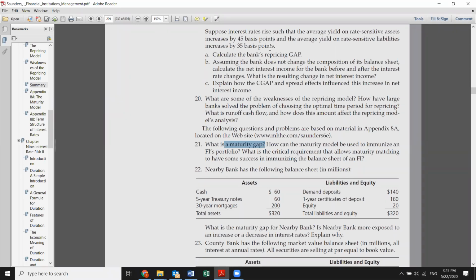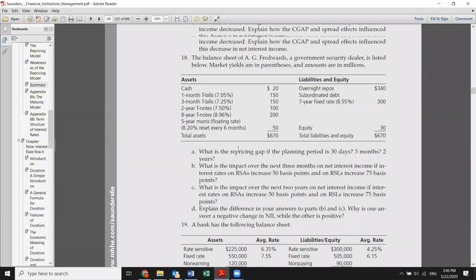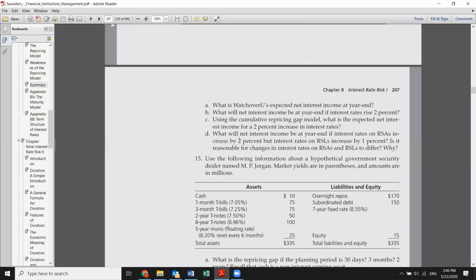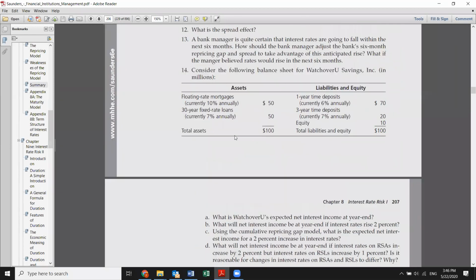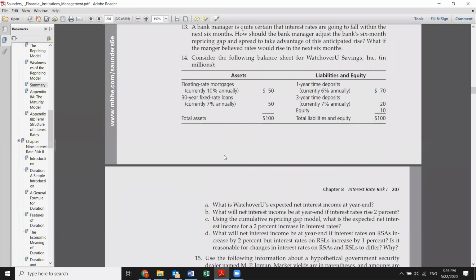Thank you so much. Excuse me, Professor. Yes, please. I have a question about the previous problems, number 14. Okay, let's come to 14. So what is your question? In what cases do we consider these rates 7%, 10%, 6 and 7% in calculation of net interest income?